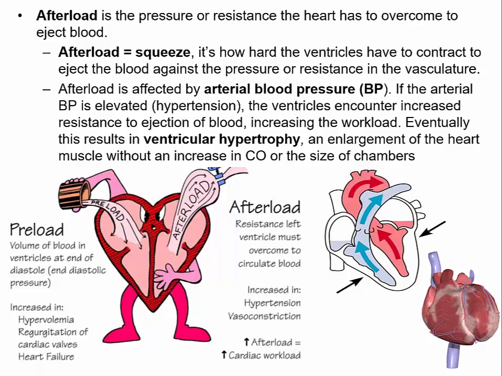Eventually, this is going to result in ventricular hypertrophy, an enlargement of the heart without an increase in cardiac output or size of the chambers, meaning that the inside of the chamber is not going to get any bigger. But the heart muscle is going to get bigger because it has to overcome more resistance in order to push blood out.